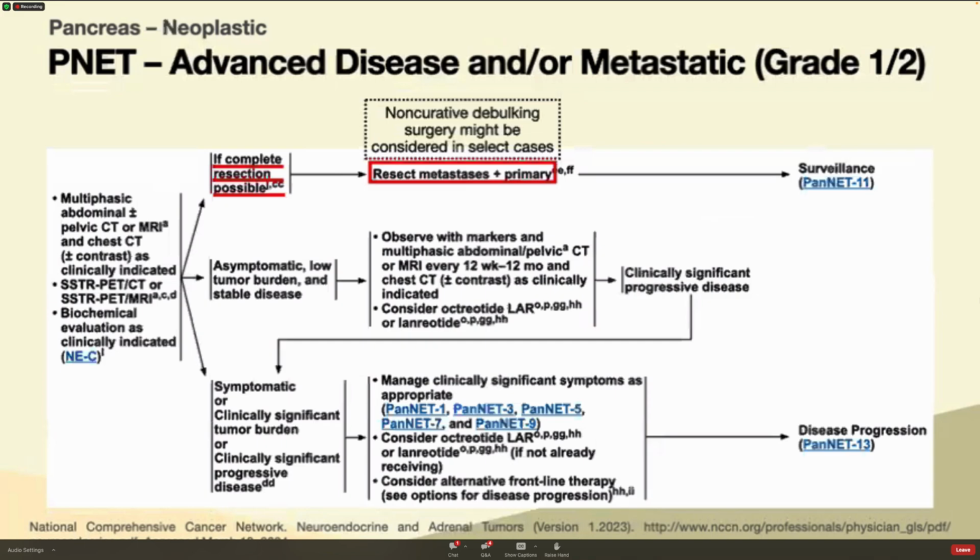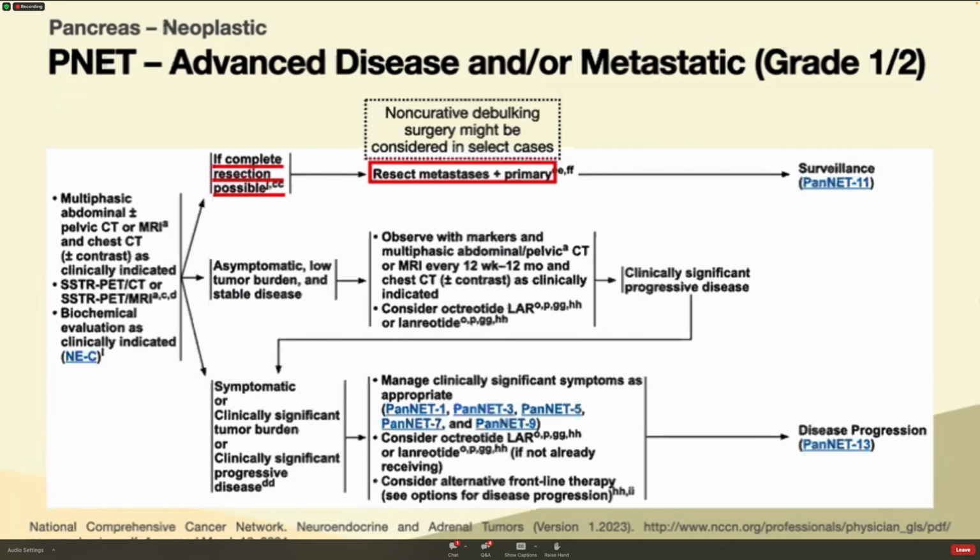Then, for patients with advanced disease or metastatic PNET with grade one or two differentiation, even if there's presence of metastasis, if complete resection is possible, then it is advisable to resect the metastasis and the primary tumor.